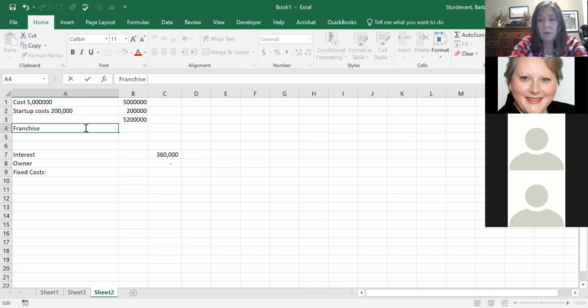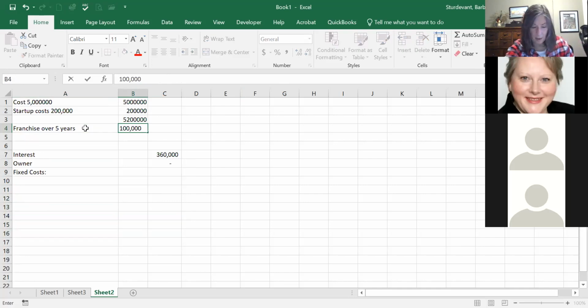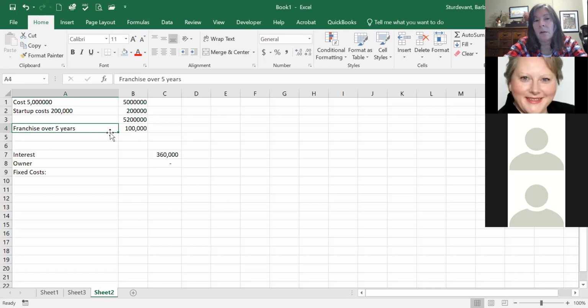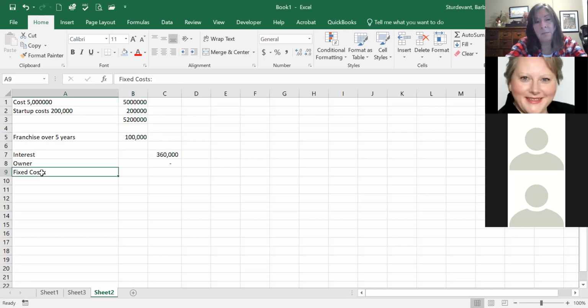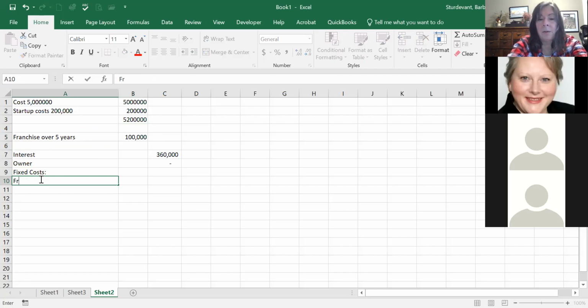And this one is over 5 years. So we're going to do just like we do with depreciation. And that's not a separate cost. That is part of the 200,000. They tell you that that's part of the 200,000. All right, so we got to deal with that. Depreciation, we're going to have to deal with depreciation. So we got to amortize our franchise fee.